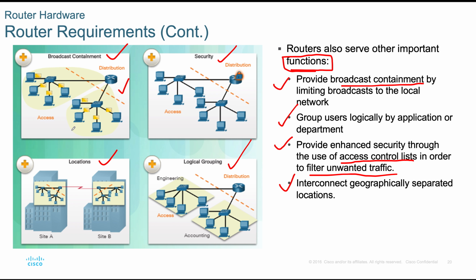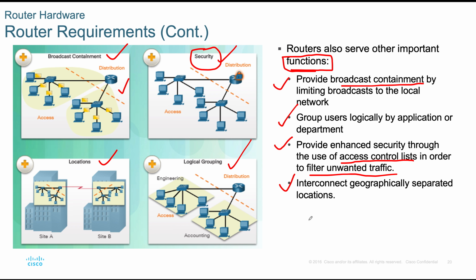So if a hacker is trying to access your network, the router is able to check whether these data packets are in the access control list, then it will filter and block any unwanted traffic. So security is a function of a router. The router is able to provide security to your network. That's what we mean by that.